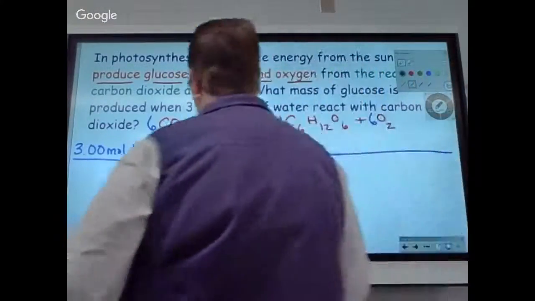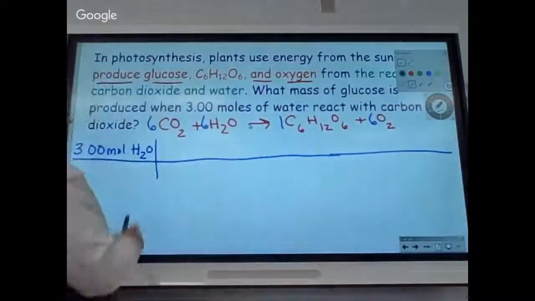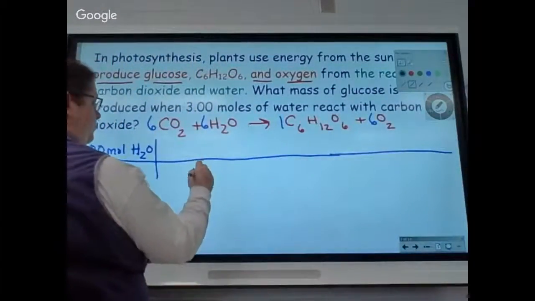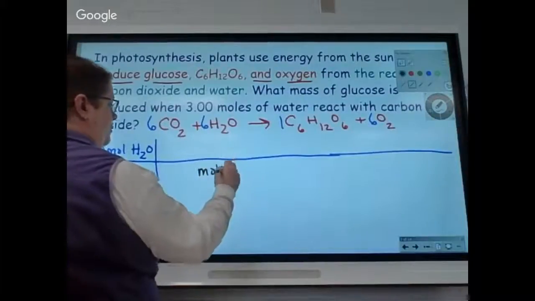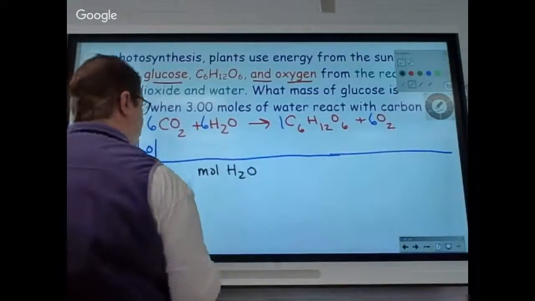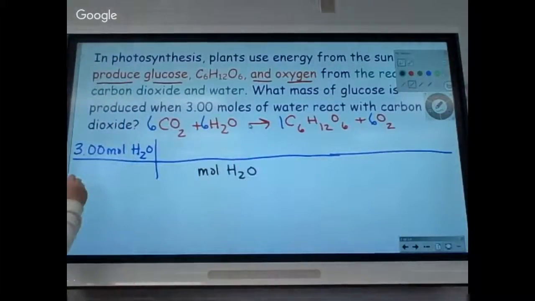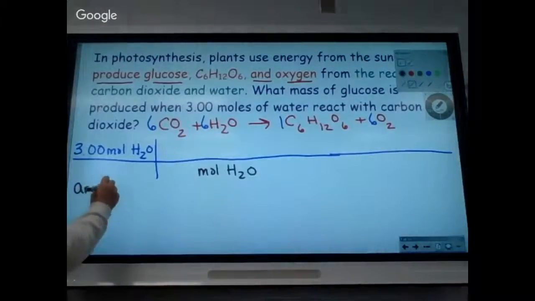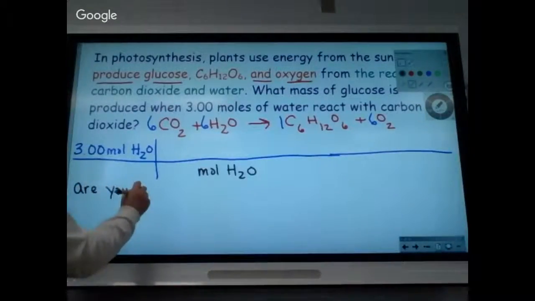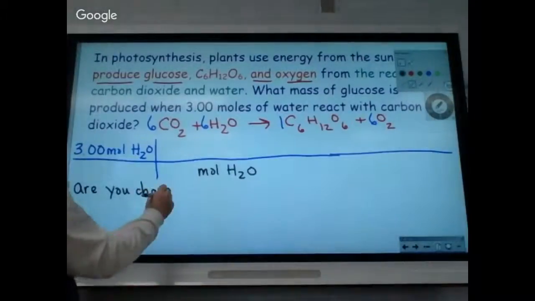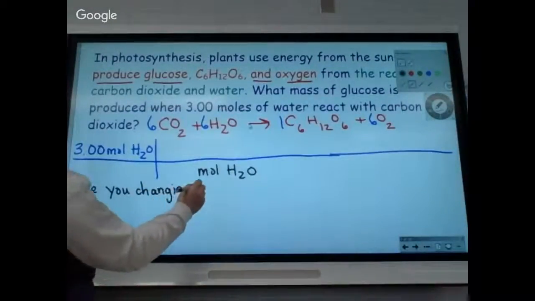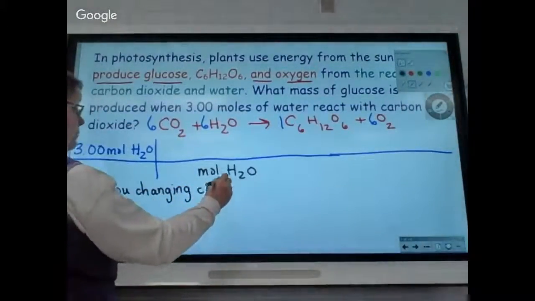All right, so what goes down at the bottom? Moles of H2O. All right, so in your head, you're going to ask yourself, are you changing compounds?